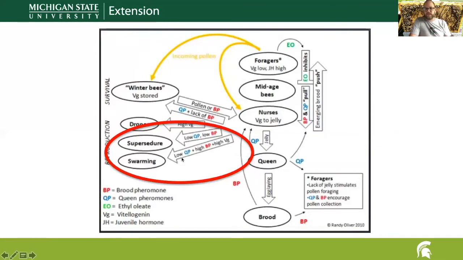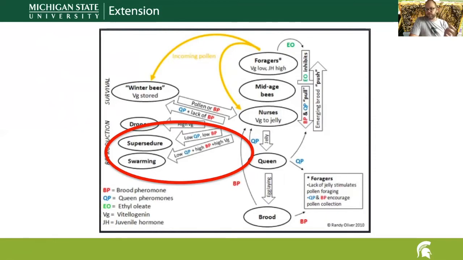So what you're seeing here is that really it's a combination. The swarm impulses are initiated by a combination of low levels of queen pheromone caused by either a crowded hive or an aging queen, so that competition for space, high levels of brood pheromone caused by a filled brood chamber, and high vitellogenin levels.